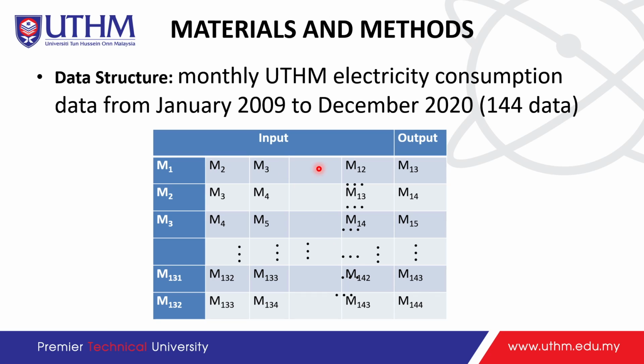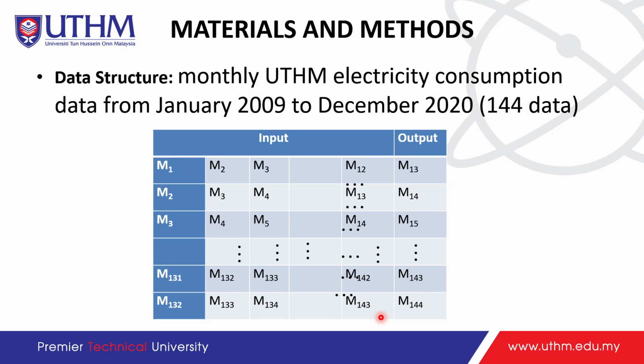What we are going to put in the input: the first column has month 1 until month 132. Then you copy this column and it moves up one row, so this will be M2, M3 until 133. Then the same data you copy again, so it moves up 2 rows, until we get this structure, which consists of 132 rows times 12 columns because it is monthly data.